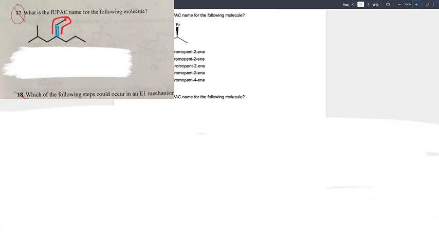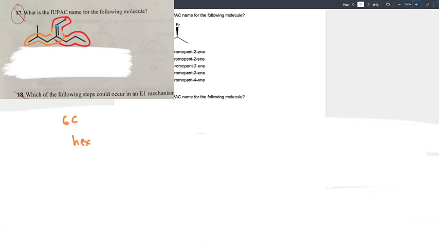So what I'm going to attempt to do here is do both. We'll do 2 different names. We've got an orange name. It's 6 carbons, regardless of which way we go. What's our root? Hex.